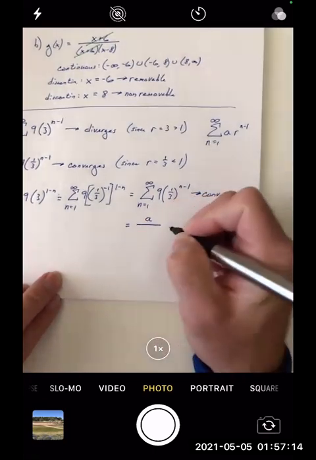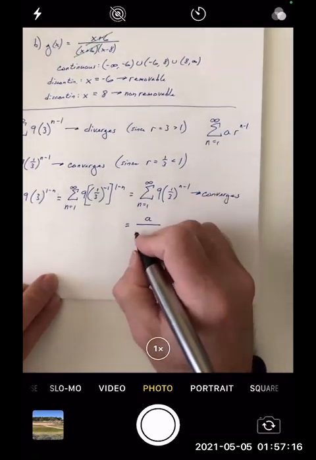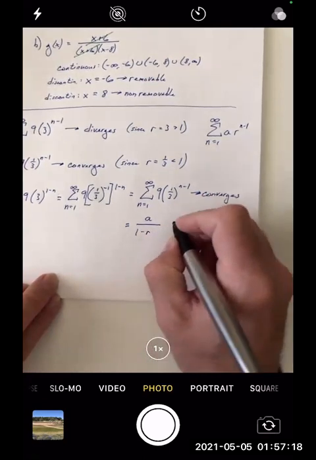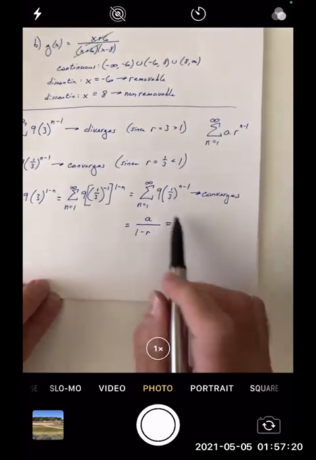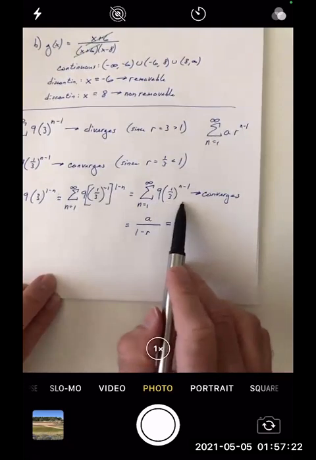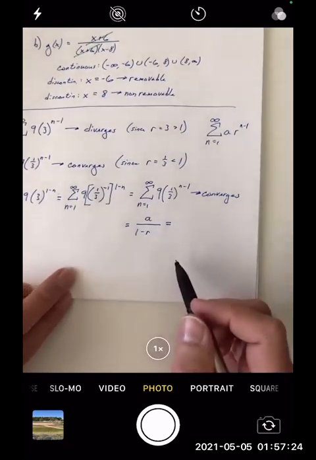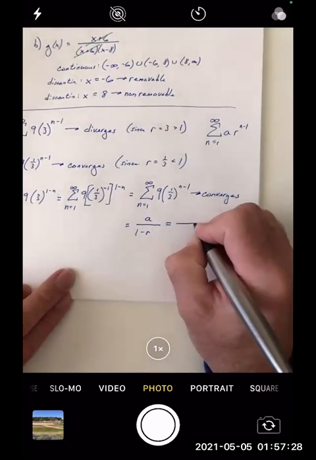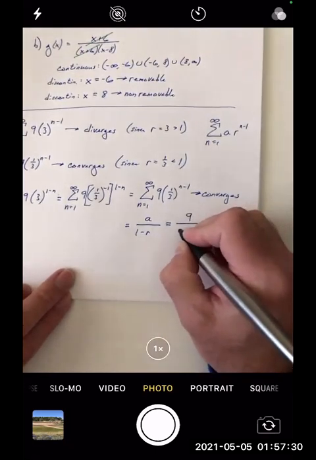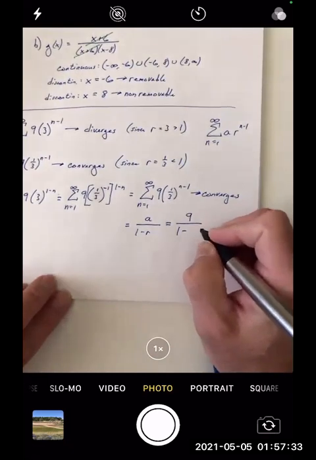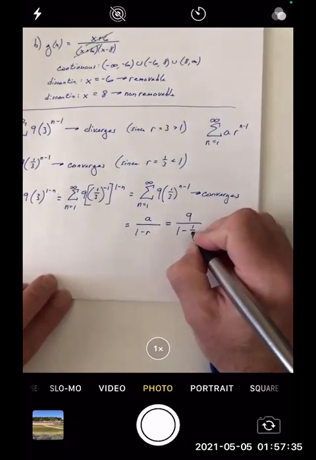Since we're running short on time, we'll just give it to you. It's a over 1 minus r. So with this sum right here, what's the a? 9. And the r? 1/3.